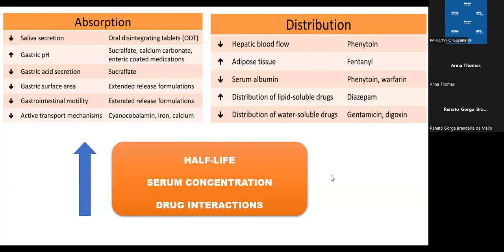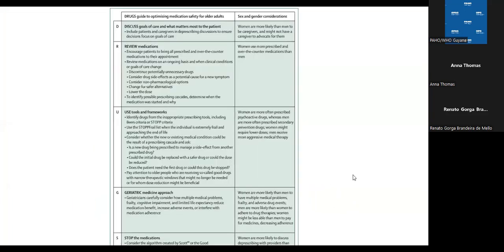So this imposes more vulnerability to iatrogenic events, to serious adverse drug reactions. Here is a mnemonic to help doctors optimize medication safety for older adults. Let's take a closer look.